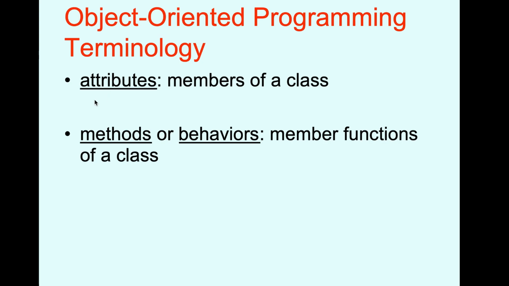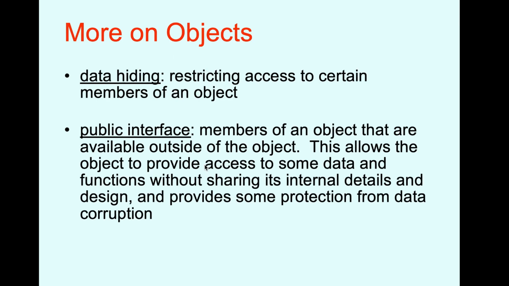So each class has attributes. Attributes are the data members. And methods, which are also called behaviors. The methods are the functions that we define in a class. Mostly the data members are in a private area, where these properties are inaccessible from outside the class.